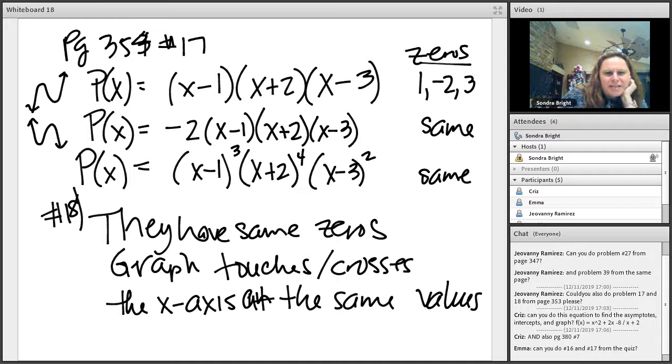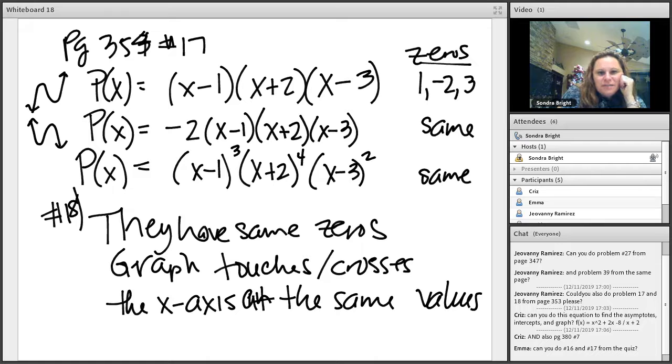This last one is a 7th to the 9th power, so it means that it's going to flatten out here, come up, and flatten out. Whoops, shoot, -2, let's go back.